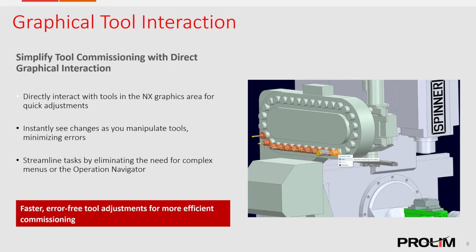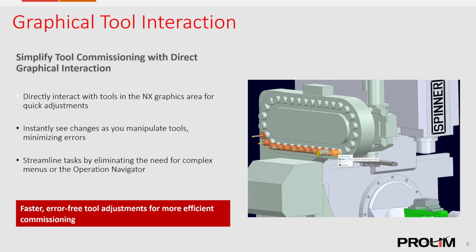And let's take a look at the graphical tool interaction. So simplified tool commissioning with direct interaction. Commissioning tools in NX CAM can often be a cumbersome process, especially when dealing with complex setups that involve numerous tools and carriers.